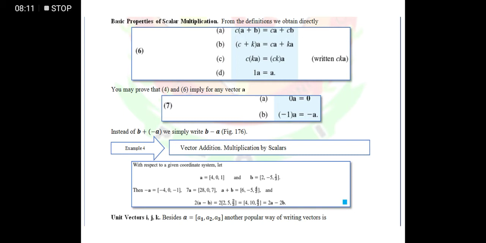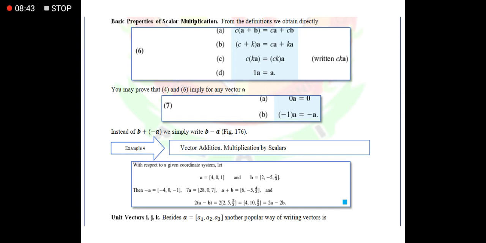Okay? So, example number 4, we have here vector addition and multiplication by scalars. With respect to a given coordinate system, let A is equal to 4, 0, and 1, no? That would be the component of a vector. And B is 2, negative 5, and 1/3. Then, for us to be able to add that, this is what I said earlier about the component method, no?